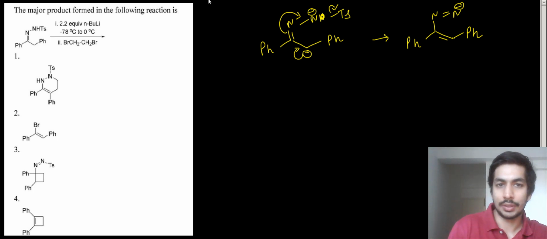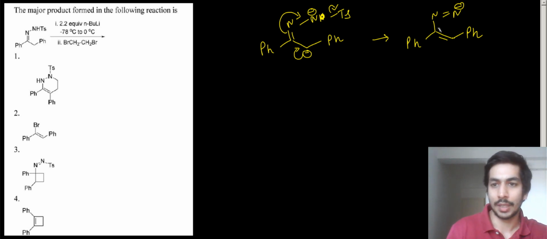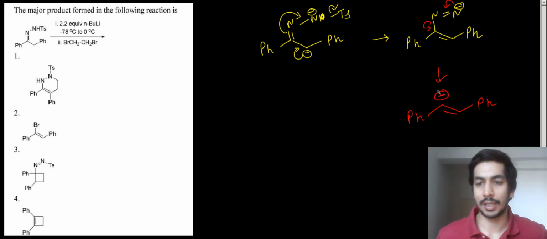Next, this N minus migrates back over here, and since nitrogen gas is a very good leaving group, it is going to leave, and we are going to get a vinyl carbanion over here. We are going to get a vinylic anion: phenyl CH, phenyl, and a negative charge over here, right? So this is what happens in Shapiro reaction.